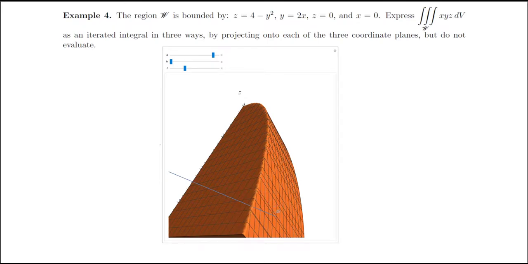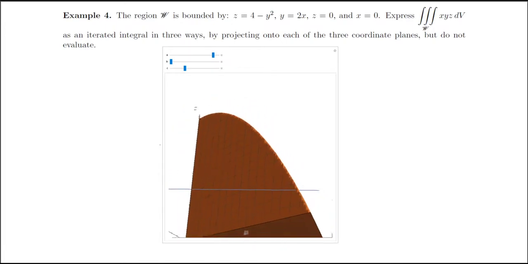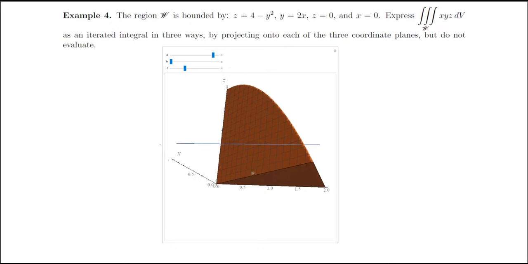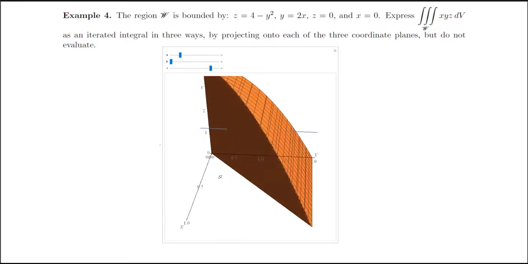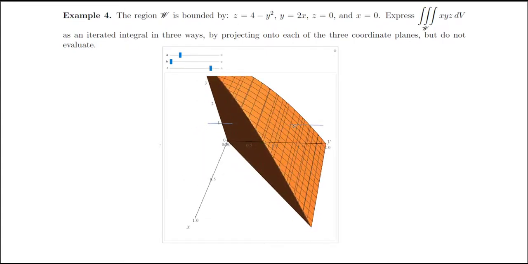Its surface is the top surface, and this portion of the plane y equals 2x is the bottom surface. So that still holds true. And then we can also make the a value very small and the z value kind of big. And again, same thing. This is the top surface, this is the bottom surface.